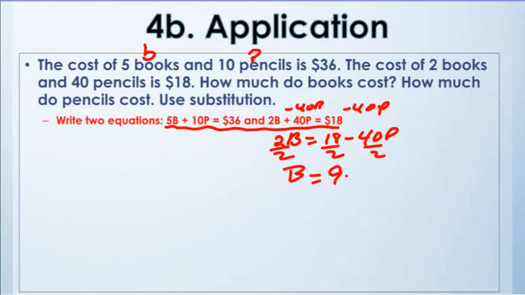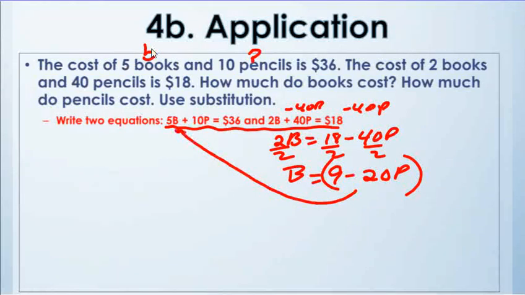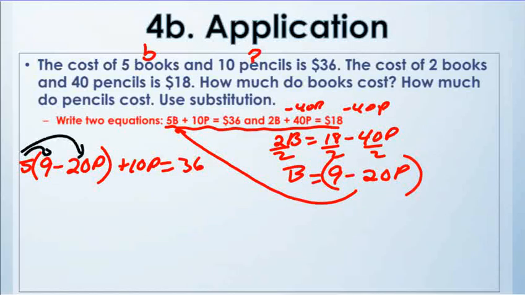B equals 9 minus 20P. And I'm going to substitute that in for B over here. So I have 5 times 9 minus 20P plus 10P equals 36.